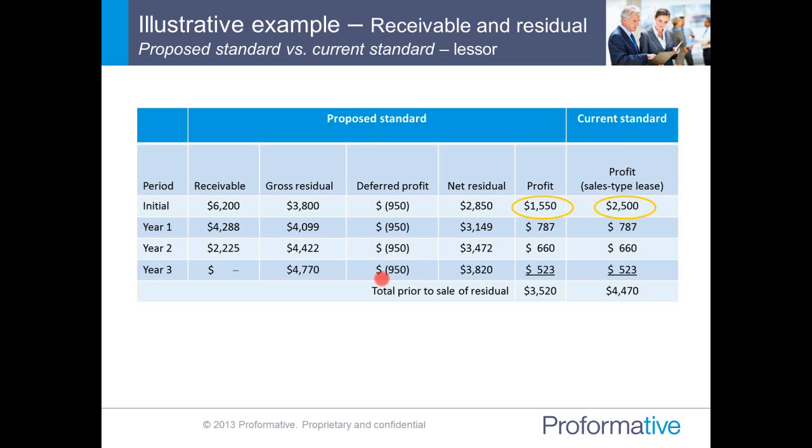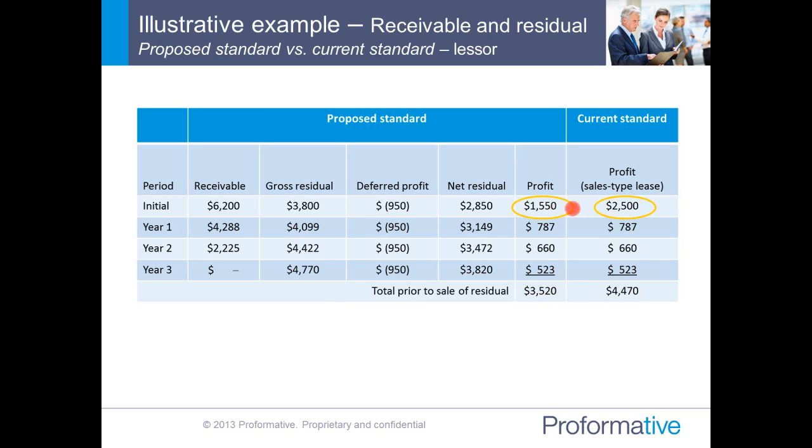And this is a summary of the example showing the profit recorded under the proposed method and the profit reported under the current sales type lease accounting, and the difference between the profit recognized in the two.